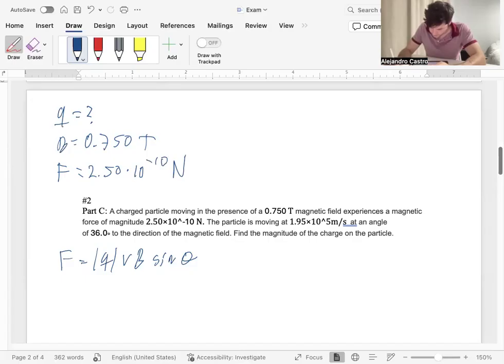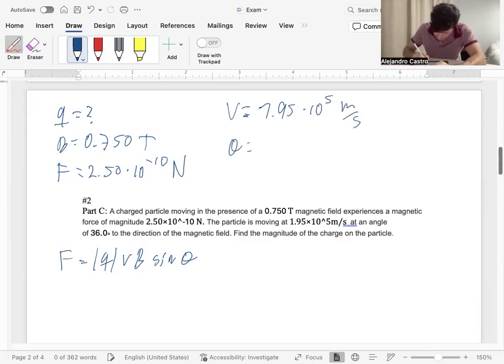The particle is moving at 1.95 times 10 to the 5 meters per second. The direction we need to figure out. Angle of 36 degrees in the direction of the magnetic field.